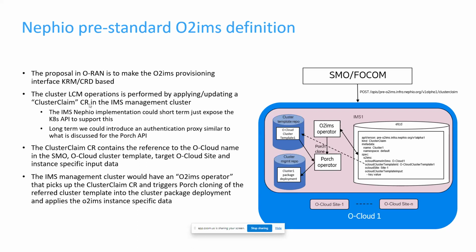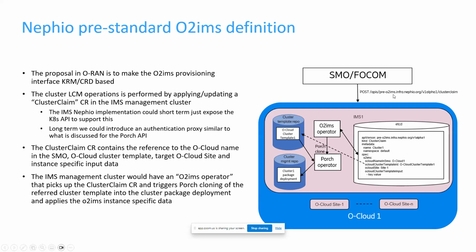I took a look at your technical report, Alexis, from ORAN, and we had that discussion, and I aligned it a bit to what we have talked about in this meeting also. So my suggestion is that we have a cluster claim CR, which is the one you apply or post on the API.